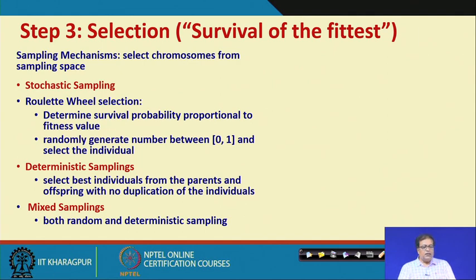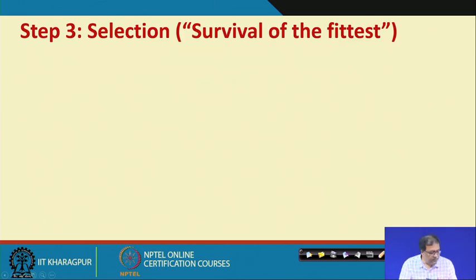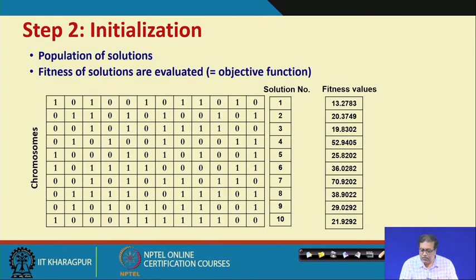A deterministic sampling example could be here, with some very high fitness values. Look here, this is a very high fitness value, this is also a very high fitness value, then this 38 is also high, and this 29. Suppose we select these 4 directly, that is what we can call deterministic sampling.